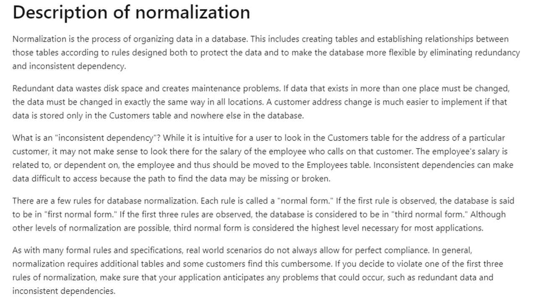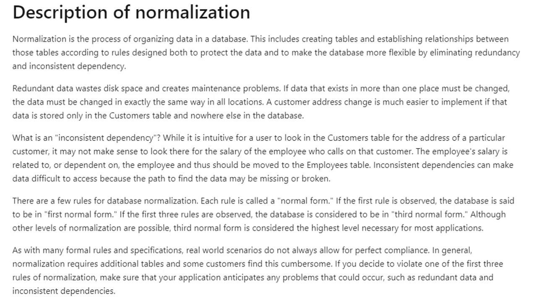If you decide to violate one of the first three rules of normalization, make sure that your application anticipates any problems that could occur, such as redundant data and inconsistent dependencies. The following prescriptions include examples.